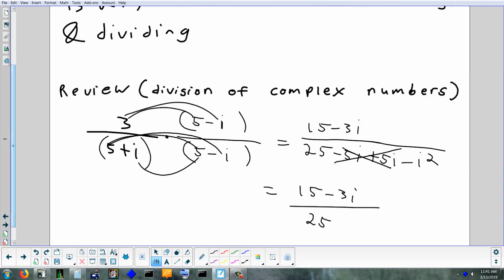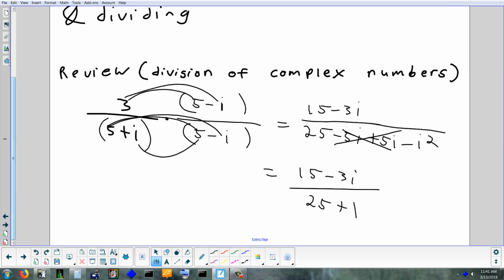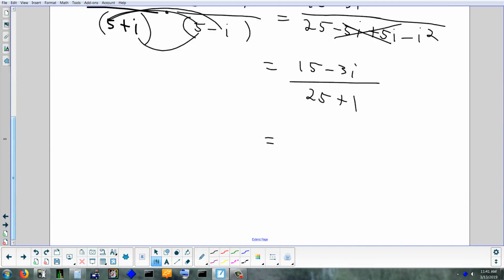And in the bottom, I have 25 minus i squared. That's 25 minus minus 1, which becomes what? Becomes plus 1, which is really 26. So the final answer, your real part is 15 over 26, and your imaginary part is negative 3 over 26. I just took each number in the top and put them over 26 separately.